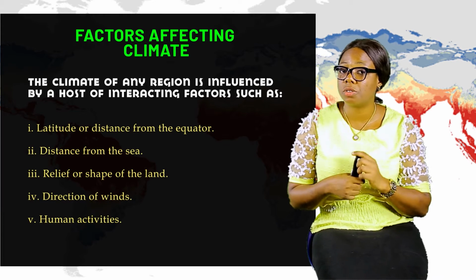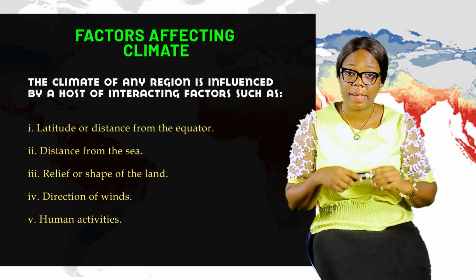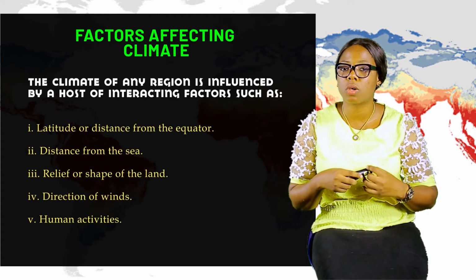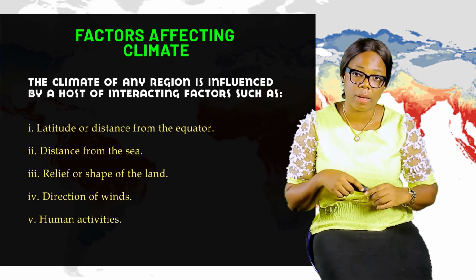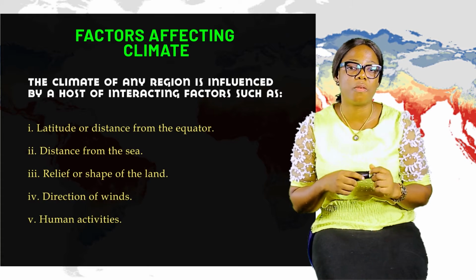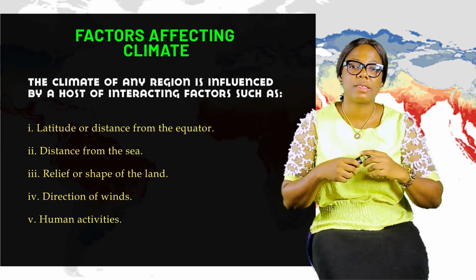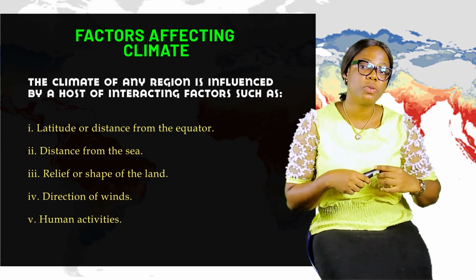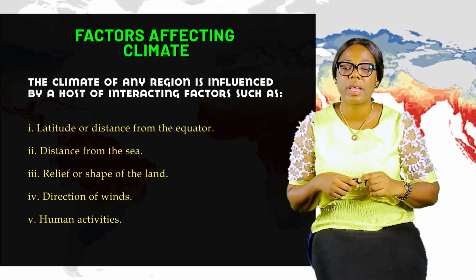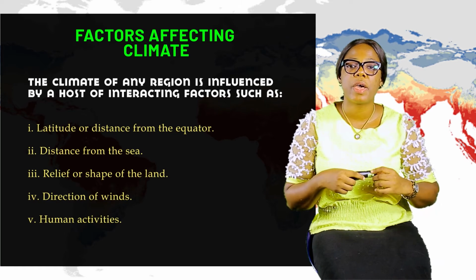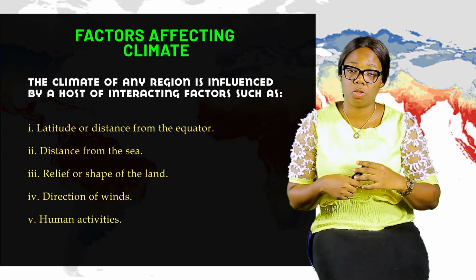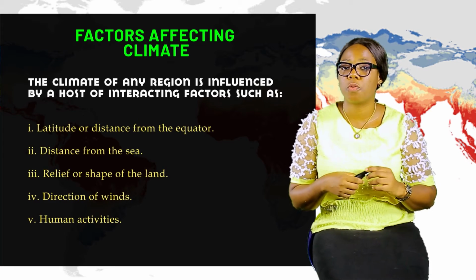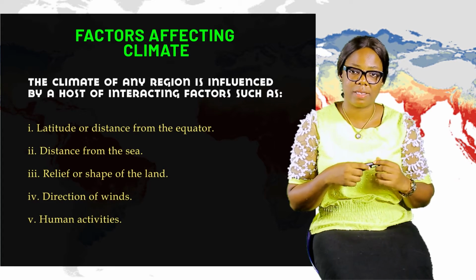Before the climatic condition of an area can be determined, several factors come into play. These factors interact with one another to determine the climate of a region. Let's take a look at some of them: latitude or distance from the equator, distance from the sea, relief or shape of the land, which can also be known as the topography, direction of winds, and human activities.